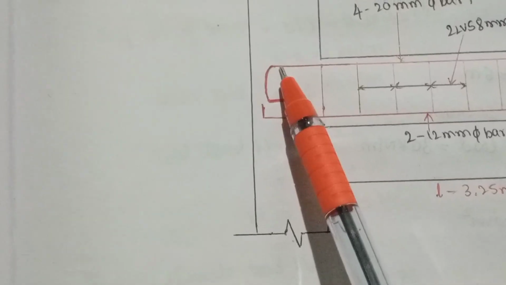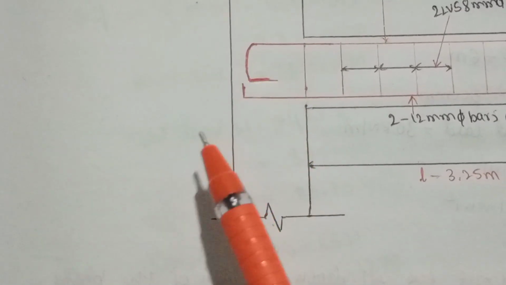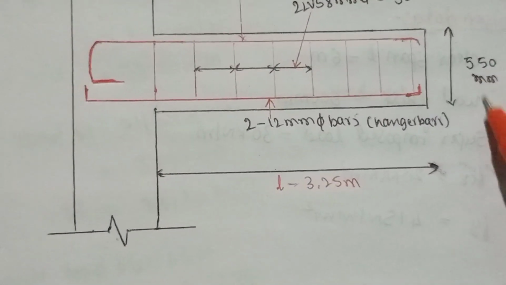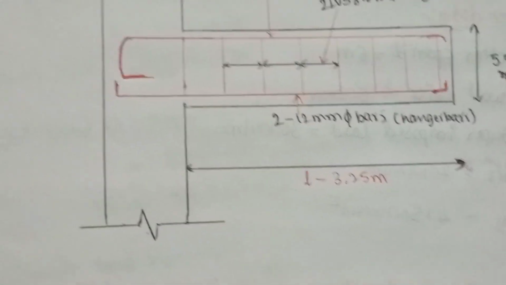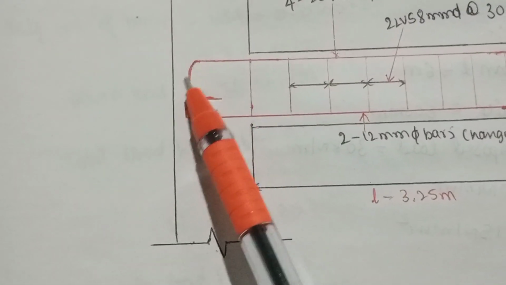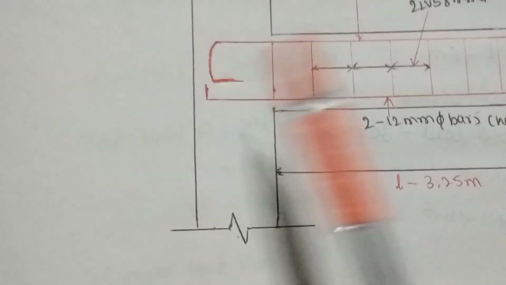So I have bent here 90 degrees. So we cannot provide 950 mm directly because our overall beam depth is 550 mm. So that I have bent 2 times, here 90 degrees, and here also 2 times I have bent.